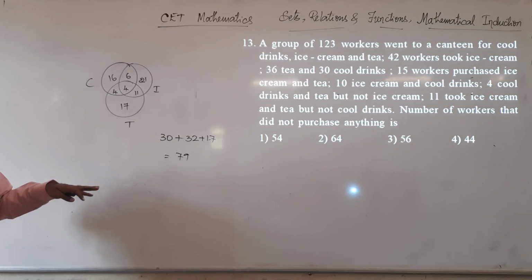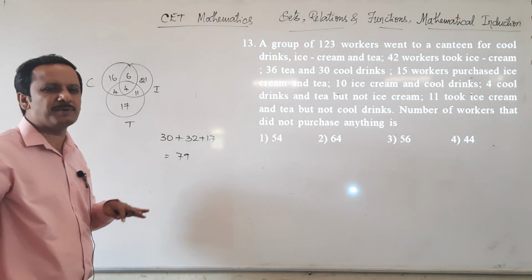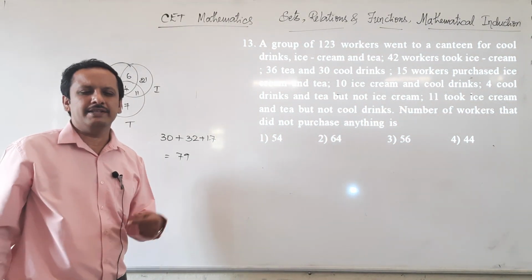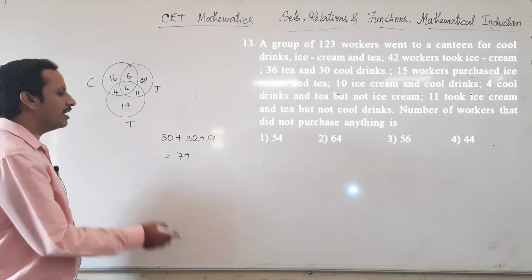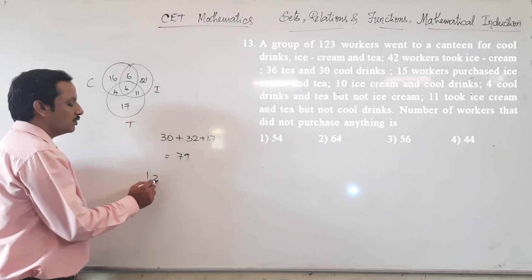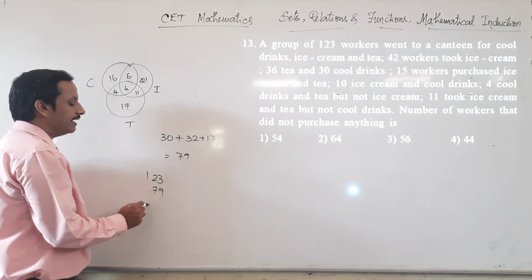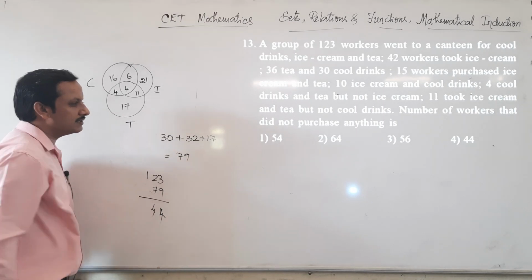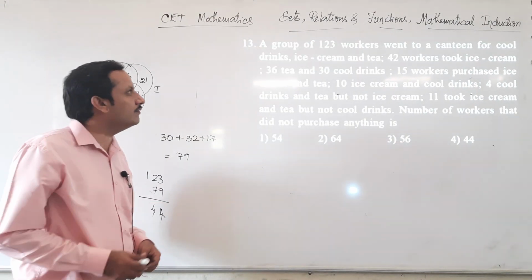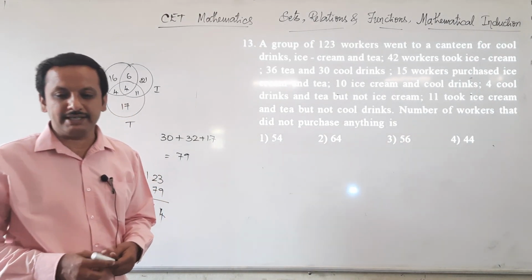So 79 workers purchased something or the other, either tea or ice cream or cold drinks. We have to find out how many did not purchase anything. So 123 minus 79, 44 is the answer. Fourth option is the correct answer.